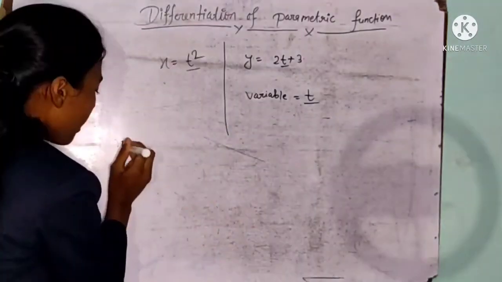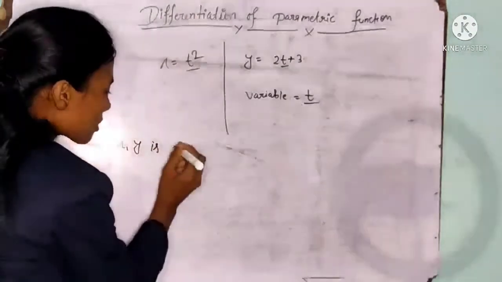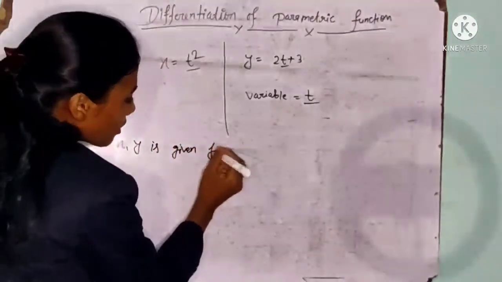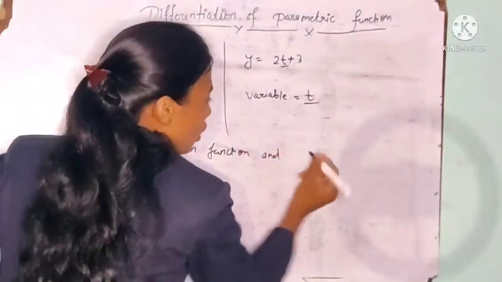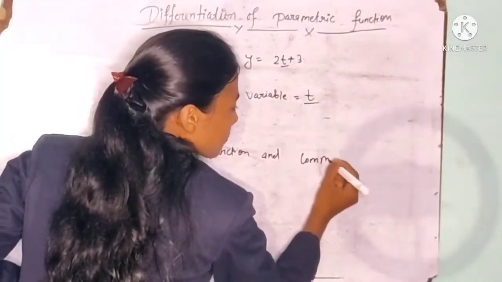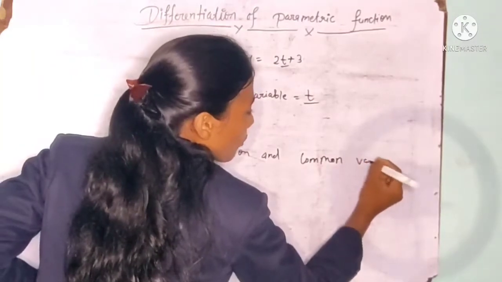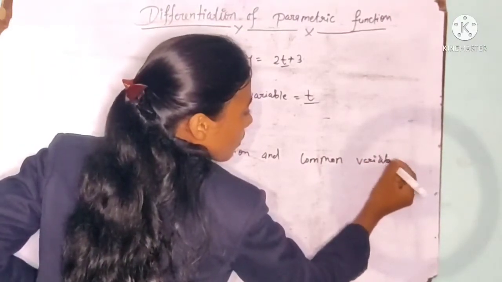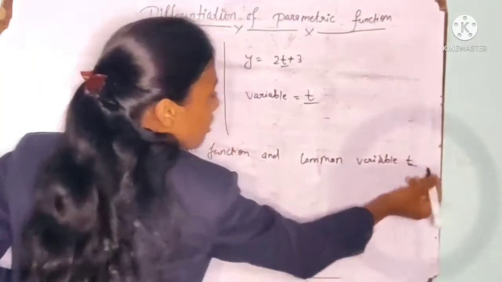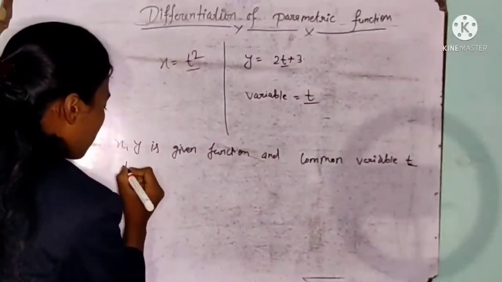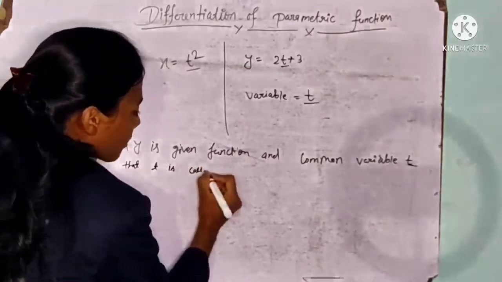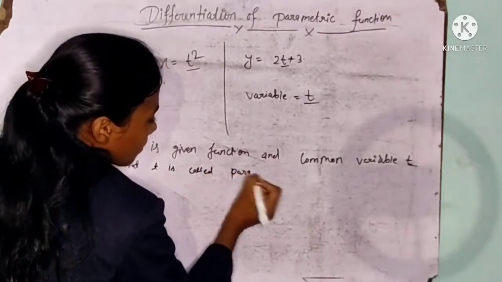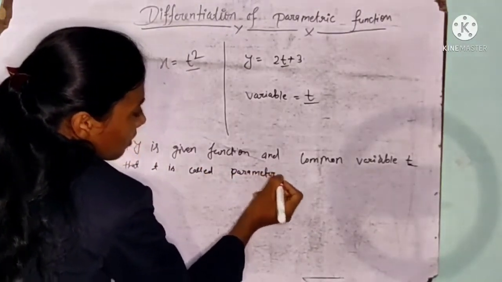So see, x and y are the given functions, both having the common variable t. That t is called the parameter.